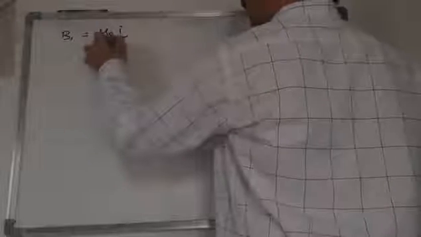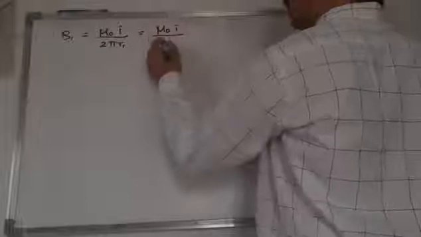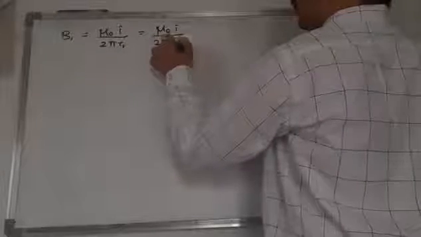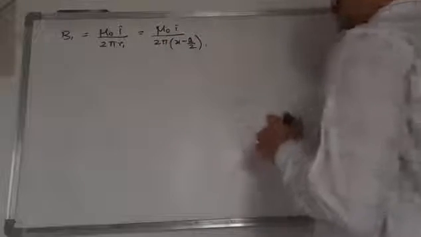Next, in the previous section we got a B1 value. Now I am writing B1 must be equal to mu naught I by 2 pi R1, that is equal to mu naught I by 2 pi into (x minus a by 2). This is 1.